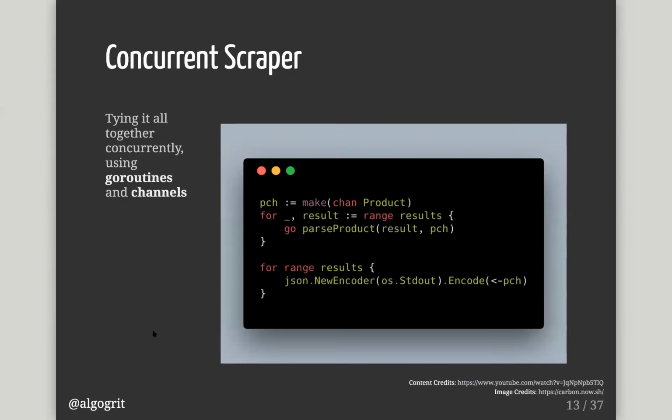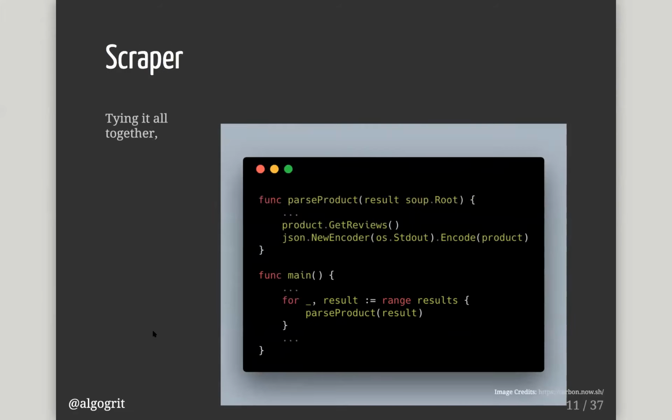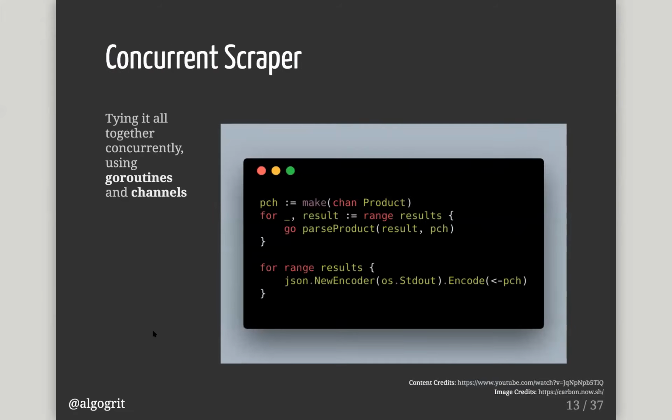Fair enough. To make this existing program concurrent, all I have to do is add the keyword go to make the parse product act as a goroutine, which runs independently of the main function, and pass a channel into it for communication. You need to communicate back to the main function.